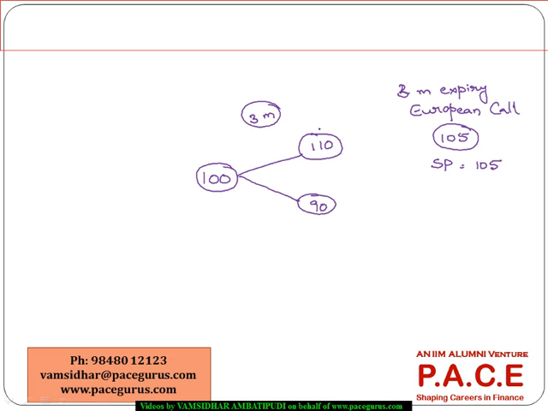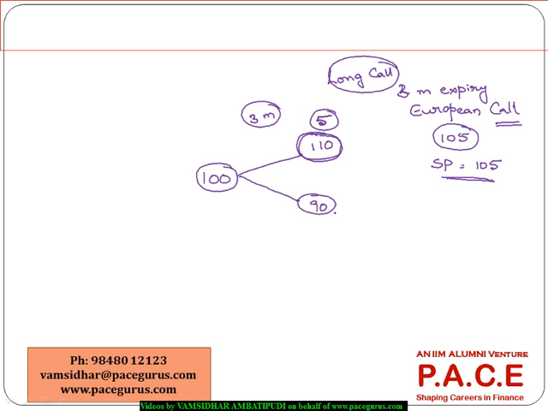Now, in case the stock price touches 110, because the strike price is 105, the long call is going to exercise this option. So he is going to have a payoff of 5 bucks.